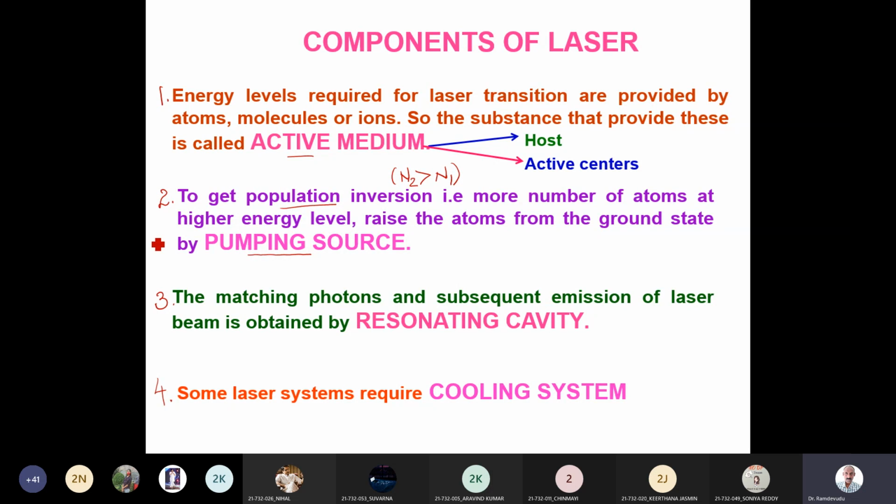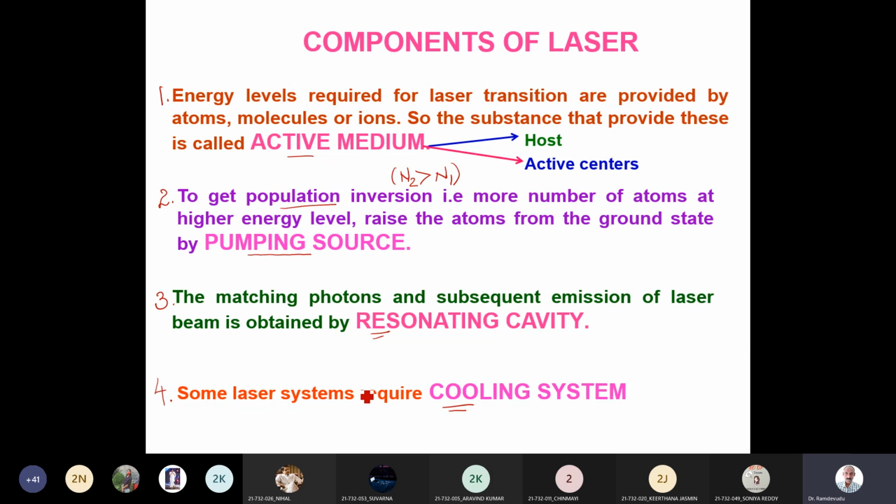Therefore, the active medium, which is the main resource for lasing action, will get heated, and thereby its efficiency or performance falls down. To make the active medium efficient, we have to keep it at a lower temperature by using a cooling system. But what is the resonating cavity? We have to see it.